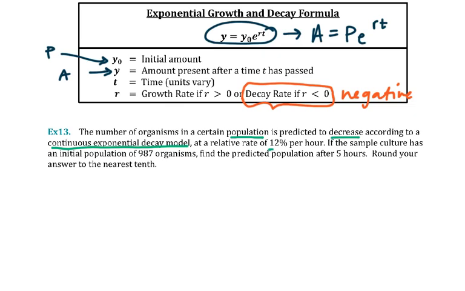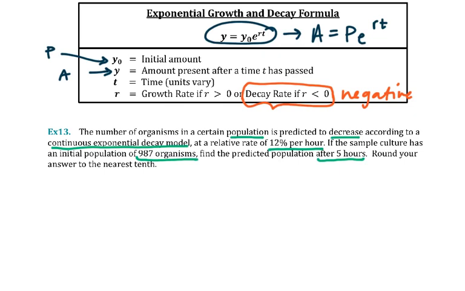We know our rate is 12% per hour. If the sample culture has an initial population, that's my y sub 0, of 987 organisms, we want to find the end population, the amount present after 5 hours have passed. So we know what our T will be.